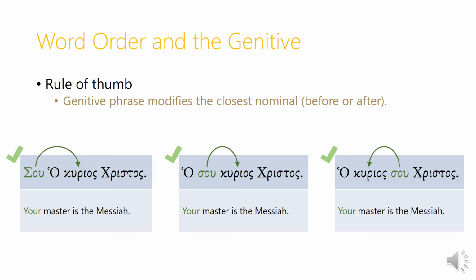Sometimes the writers will just rely on the fact that if we take the genitive with anything else in the sentence reads nonsense. But for the most part, this rule of thumb will be helpful.